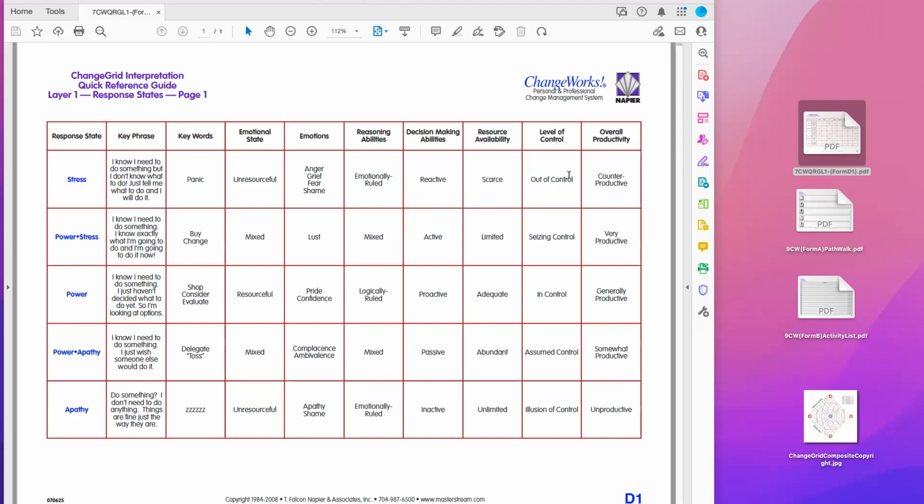They are feeling very much out of control. They're experiencing these unresourceful emotions of anger, grief, fear, and shame that can be distorting reality, feeding upon themselves. An angry person is likely to become angrier.